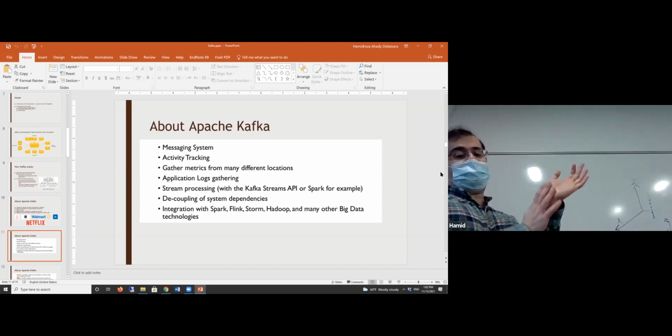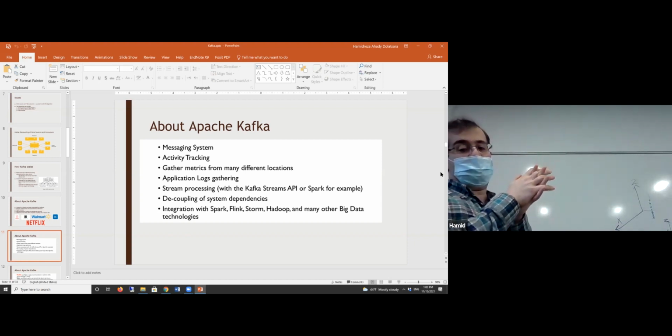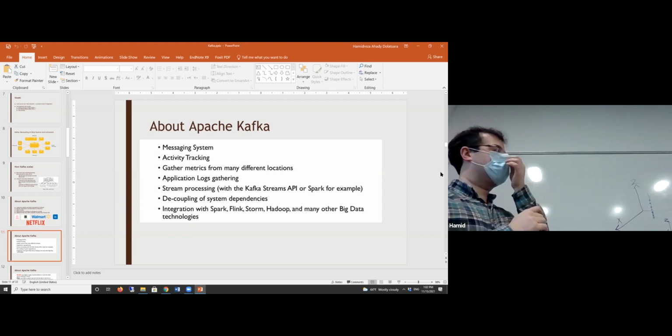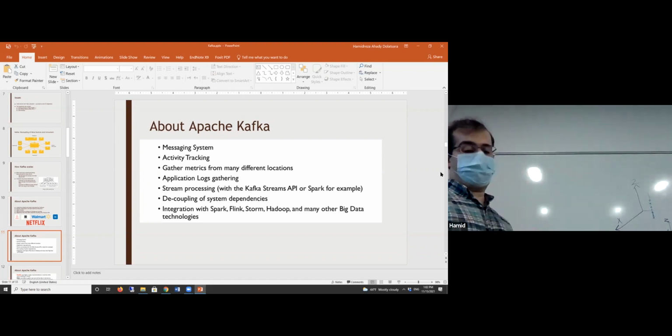So Kafka is part of the Apache project too. It means you can integrate with other Hadoop ecosystem technologies, including Spark, Flink, Storm, Hadoop, or other big data technologies. Again, Kafka is a higher-level topic, so the next session would be kind of optional, but it's really good to learn something about Kafka.